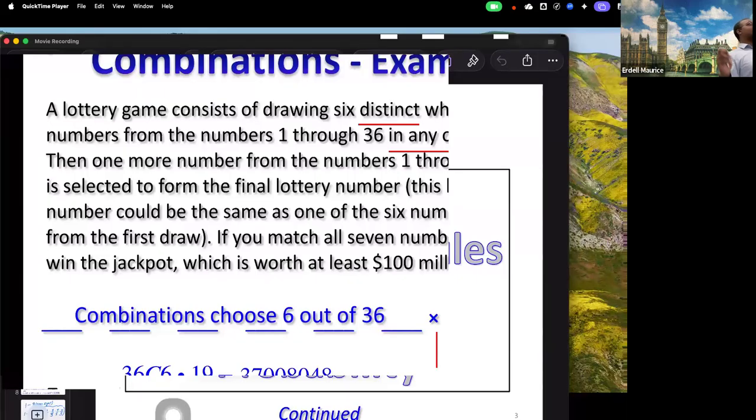So my question is, how are you going to pick the right one? Back in the day, what people used to do was buy every single ticket. If they're selling $2 a ticket and there are 37 million combinations, what is 37 times two? 74 million, yes? So you need $74 million. If you buy every single ticket, you spend $74 million, but guess what?